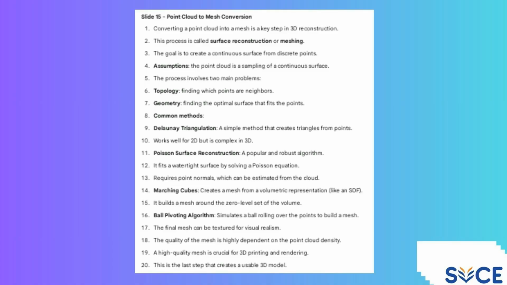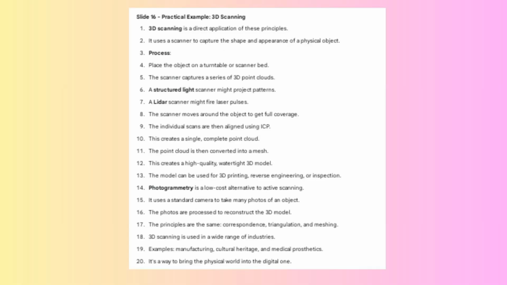Next, we are going to see a practical example of 3D scanning. Let's put everything we have learned together with a practical example. When you 3D scan an object, you directly apply all the principles we have discussed. The process usually starts with an active scanner.